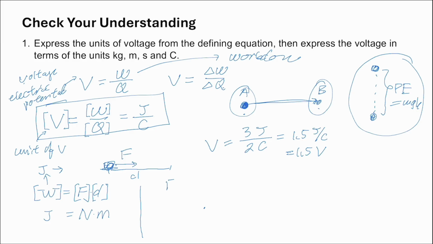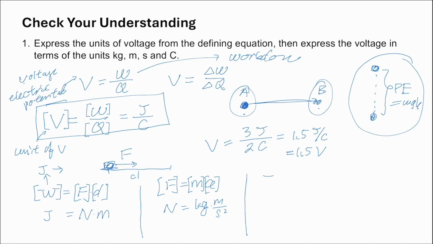Newton comes from F equal to ma. So the unit of force is Newton, the unit of m is kilogram, and the unit of acceleration a is meter per second square. So we combine everything.